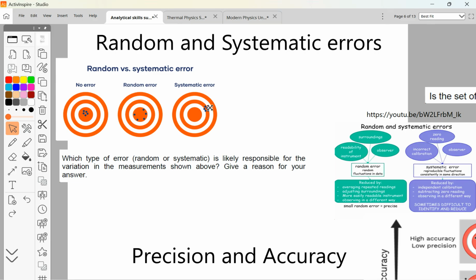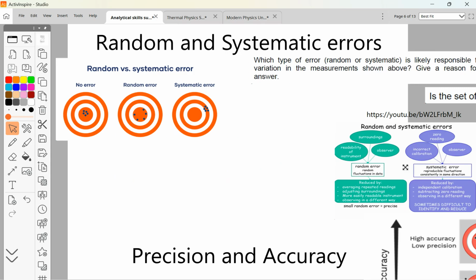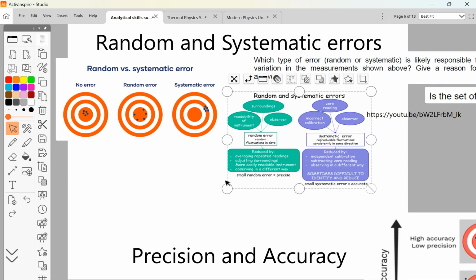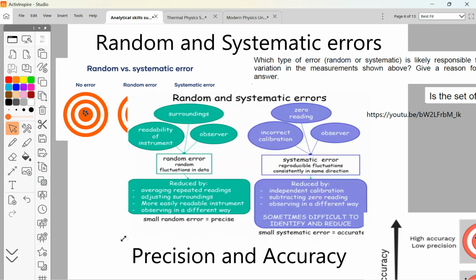Or if you are saying that it is accurate, say that the average gives you the real value. And you can't speak about accuracy if you only have that one value, because you can't get an average. Remember that.